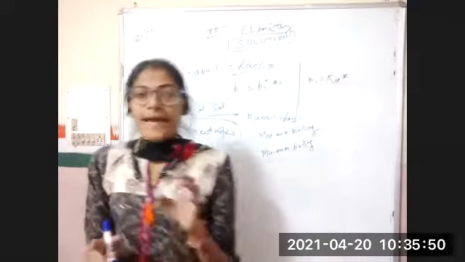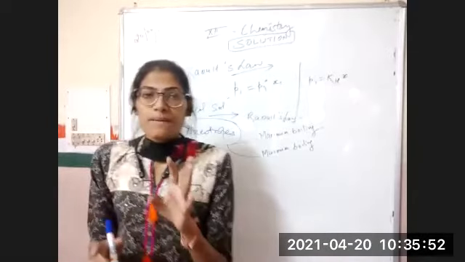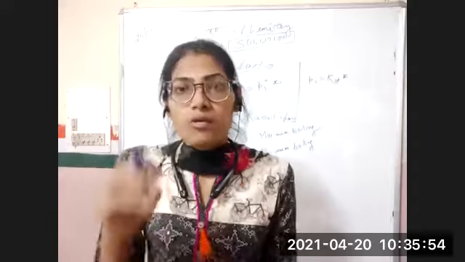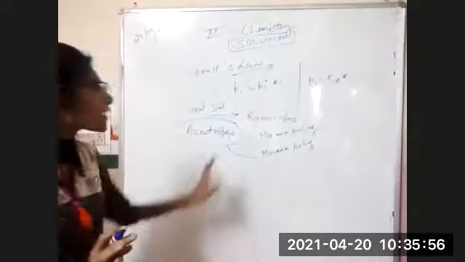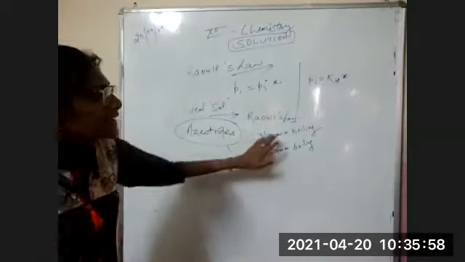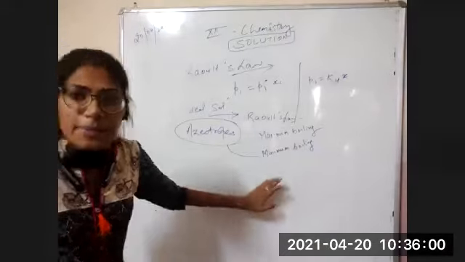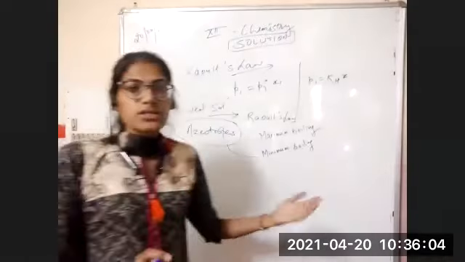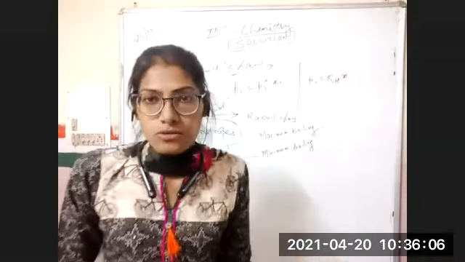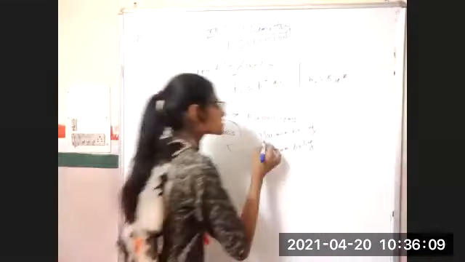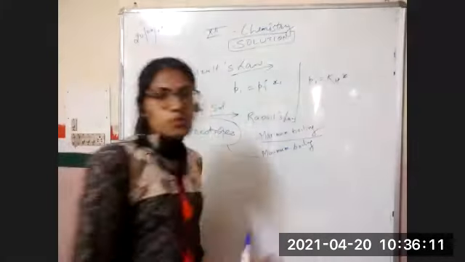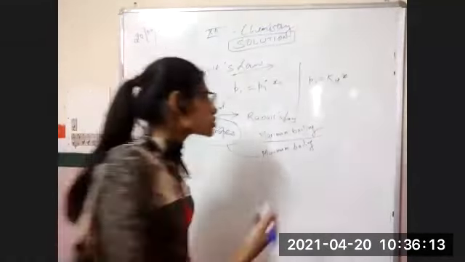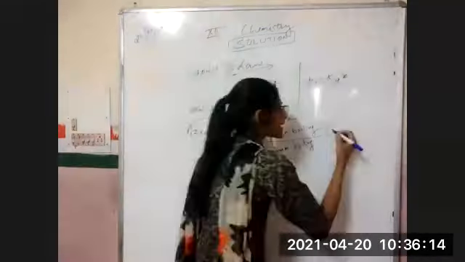Now we have two different types of azeotropes, maximum boiling azeotropes and minimum boiling azeotropes. Both are related to non-ideal solutions. Maximum boiling azeotropes are those solutions which show negative deviation in non-ideal solution.